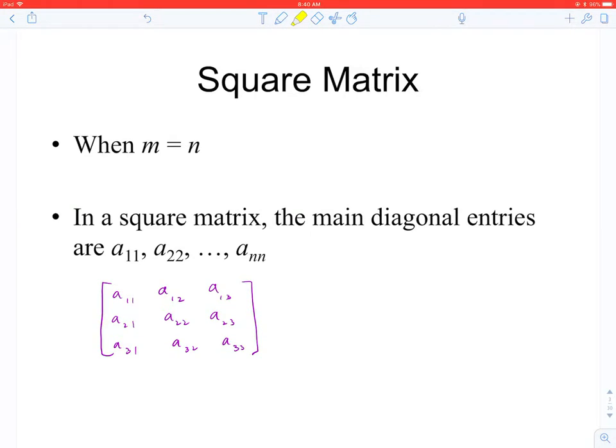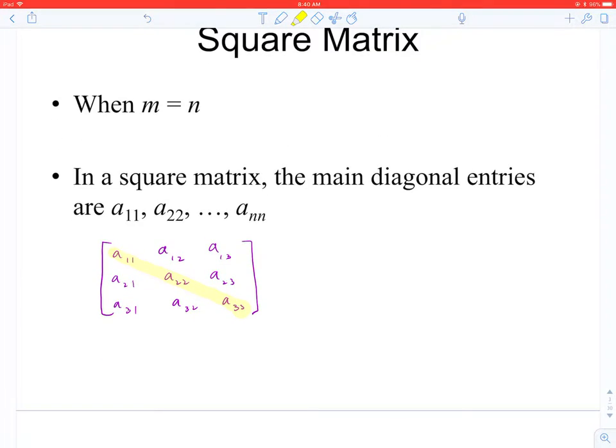Where you can see that the diagonal here has those elements, a sub 1, 1, a sub 2, 2, a sub 3, 3. Okay, and then this is a matrix with an order 3 by 3. 3 rows, 3 columns.